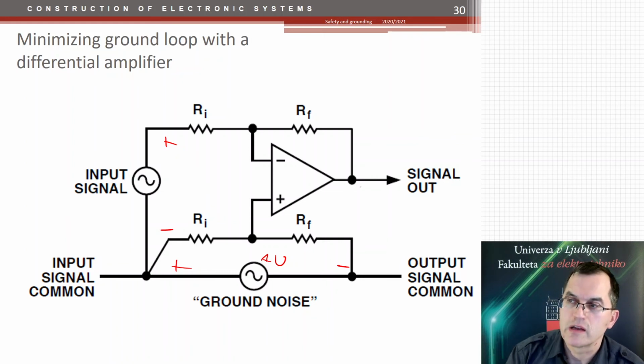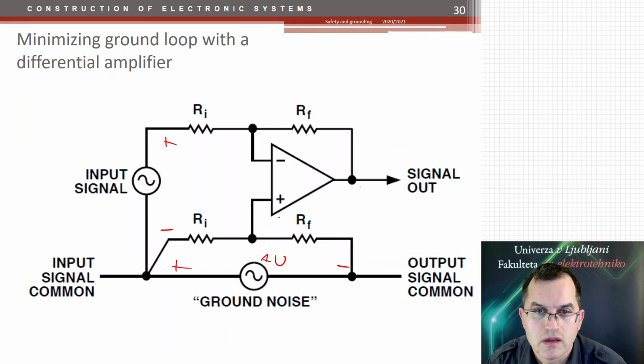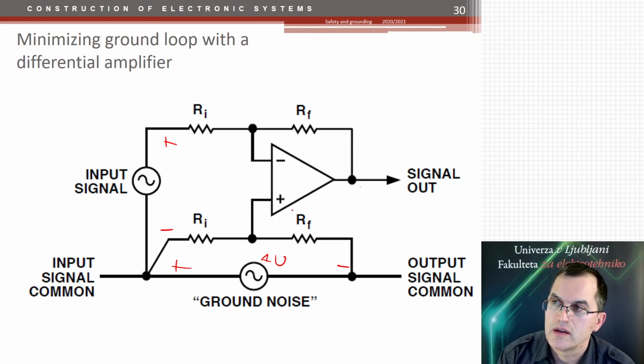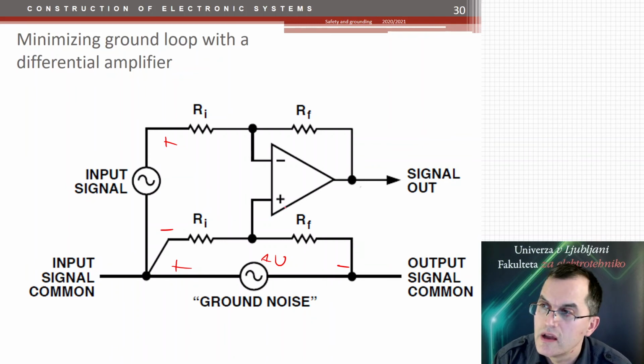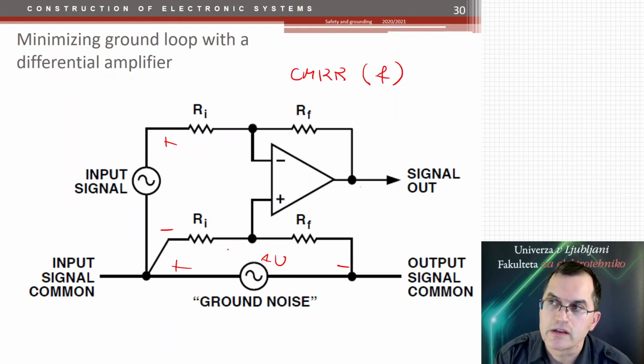At very high frequencies, the differential amplifiers are not very efficient anymore. Their so-called common mode rejection ratio is very dependent on the frequency. And the common mode rejection ratio is also primarily dependent on the tolerance of these resistors.